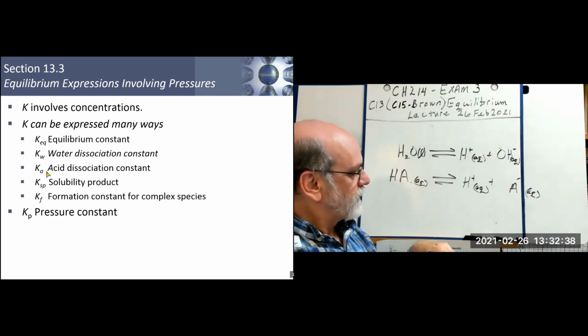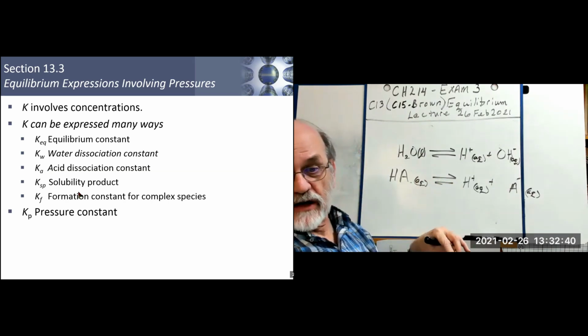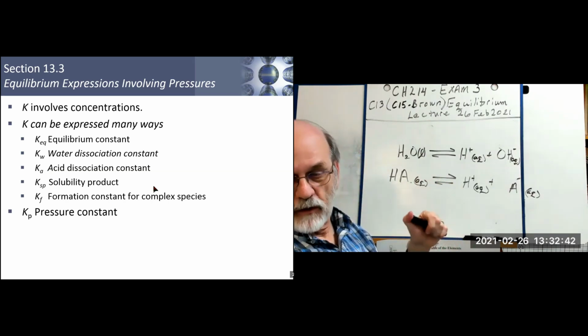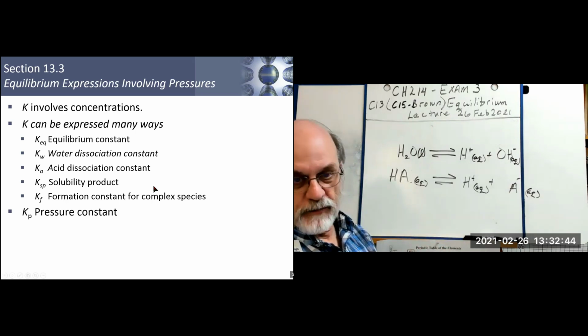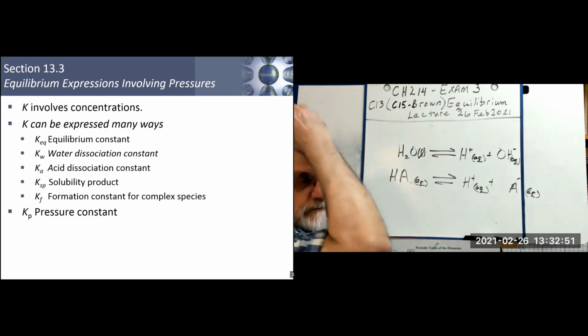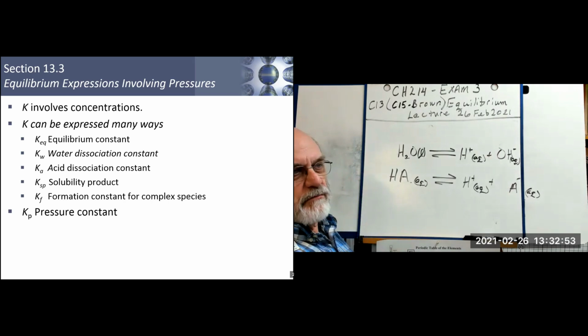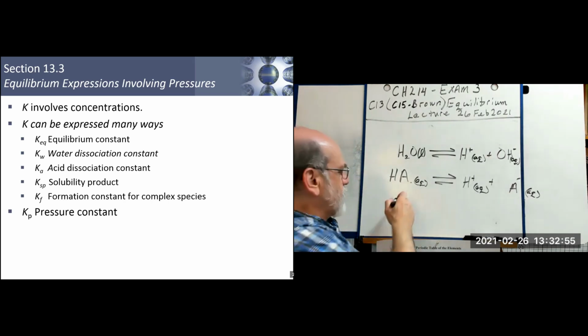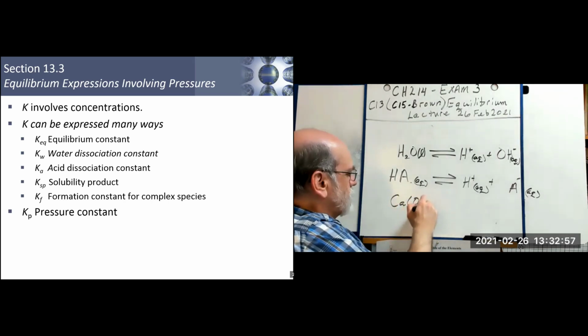We can also express solubility products. And we'll talk about those at some point in the future. But SP means solubility product, and it would be something like some partially soluble substance like calcium carbonate.